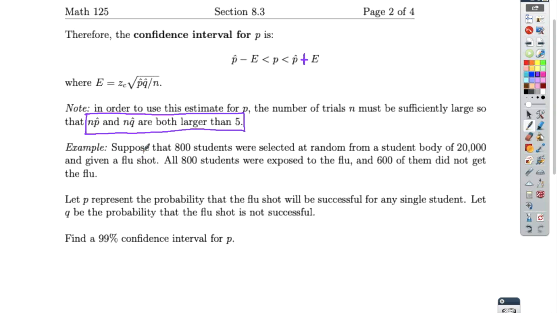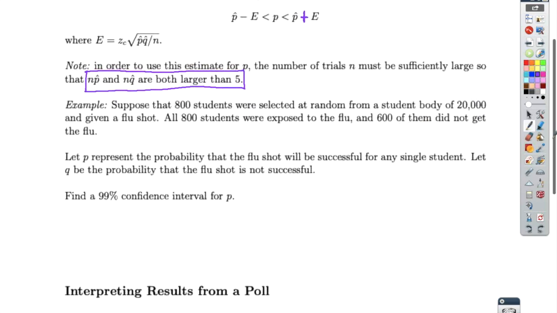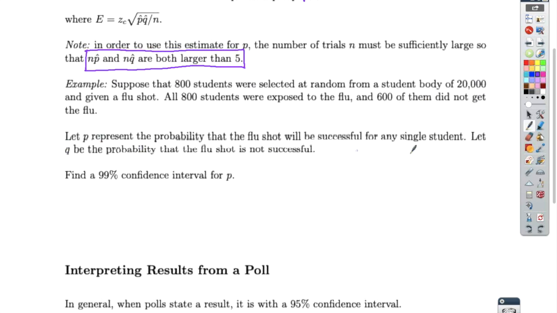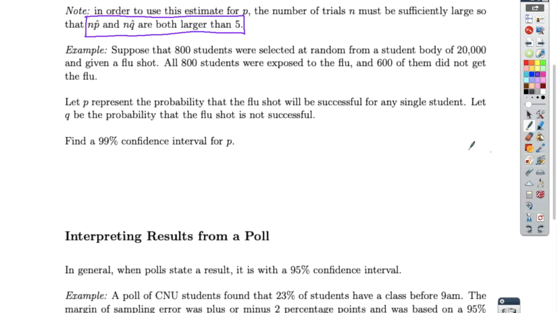Suppose that 800 students were selected at random and given a flu shot. All 800 were exposed to the flu. 600 of them did not get the flu. Let P represent the probability that the flu shot will be successful, meaning the probability that a student did not get the flu. Let Q be the probability that the flu shot was not successful, meaning they did get the flu. And find a 99% confidence interval for P.